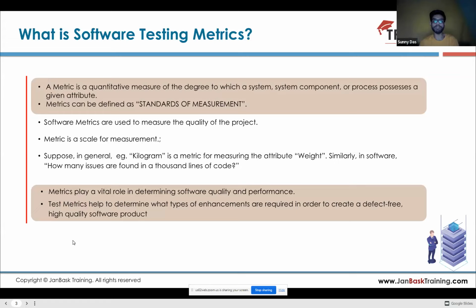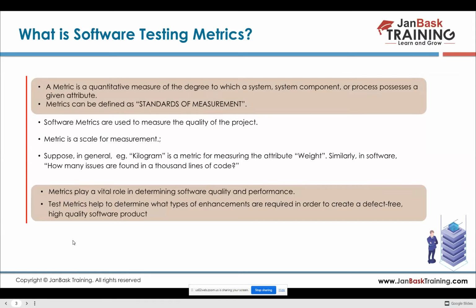Similarly, in software, a metric provides you the measurement of quality. So what is the status of the quality of your product or project? That will be defined by the software metrics. So it is basically a standard of measurement of the quality of the software.